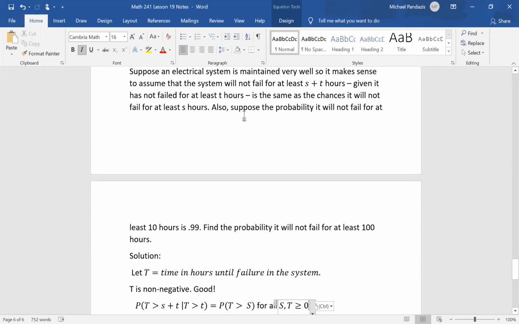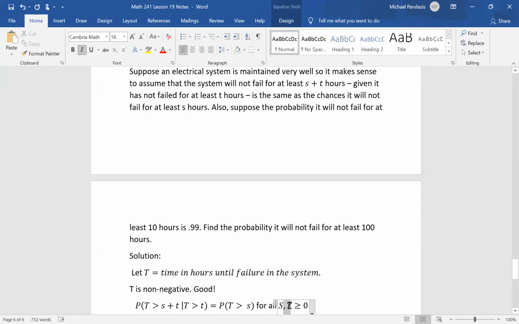So it says we're assuming that the chances the system will not fail for at least S plus T hours, T, the time until failure, is greater than s plus t, given it has not failed for at least t hours, given that T is greater than little t, that probability equals the chances it will not fail for at least s hours. I'm going to put a little s here.